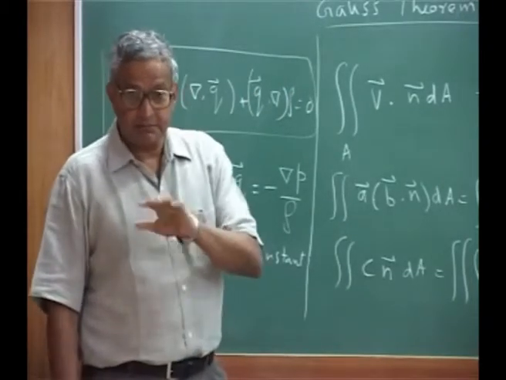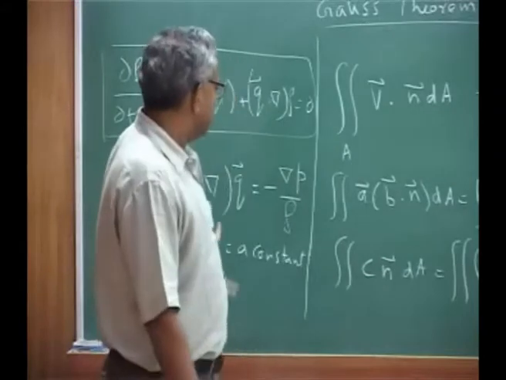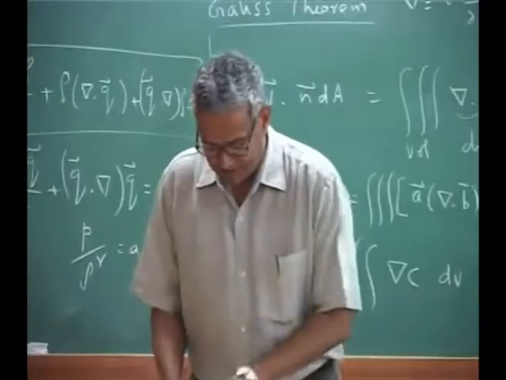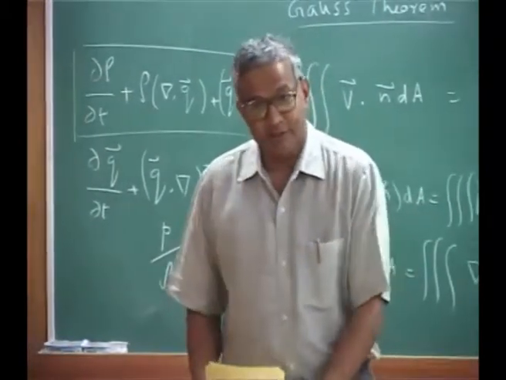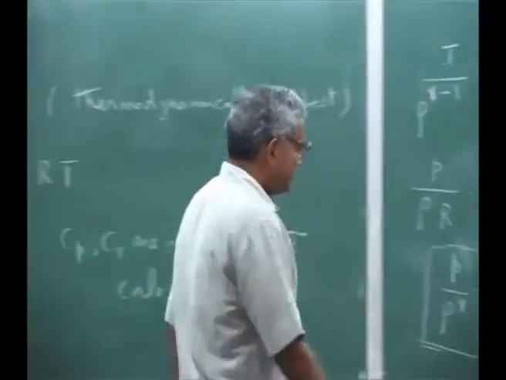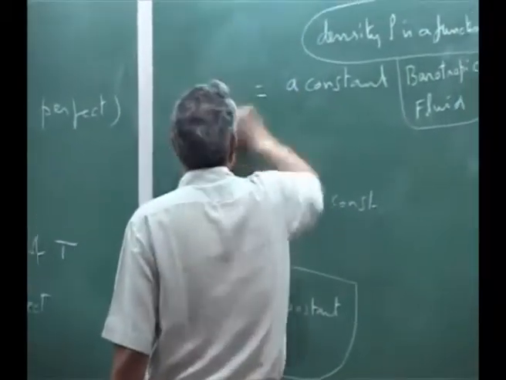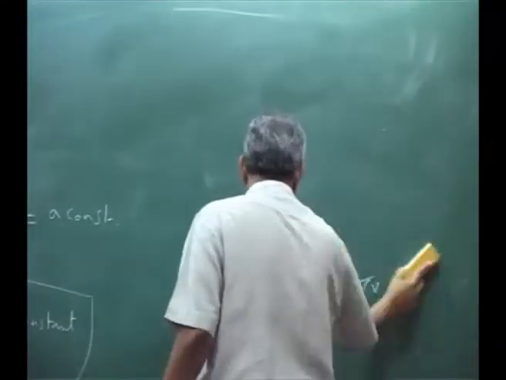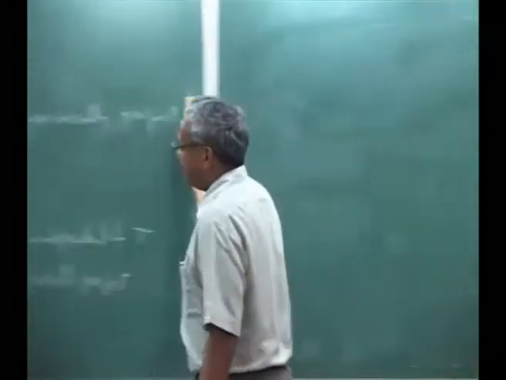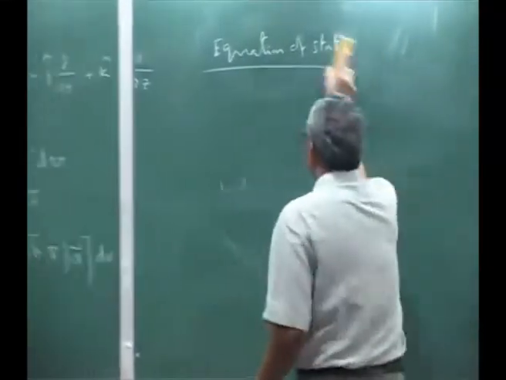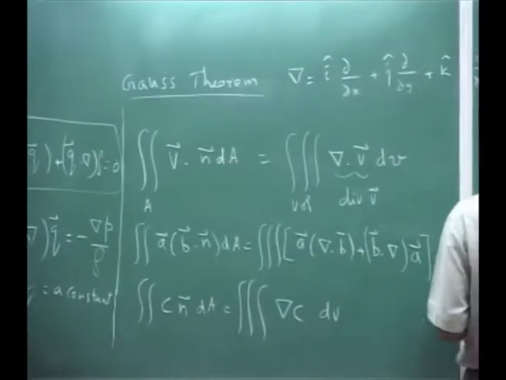Simplified in the sense that I am not neglecting anything; I will reduce them by introducing the concept of irrotational flow. But before we go to irrotational flow, we have to define a few things.